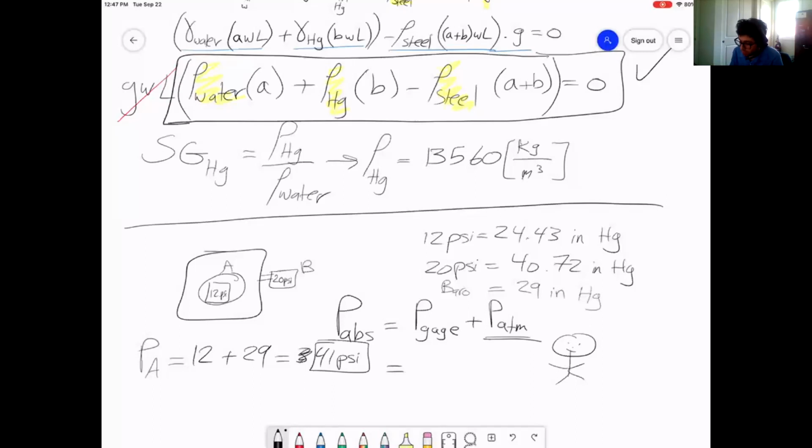Okay, so we know the pressure gauge is 12 psi. We converted 12 psi to inches of mercury, using Google, really. Then the problem tells us there is a barometer somewhere outside the tank, and it's reading 29 inches.